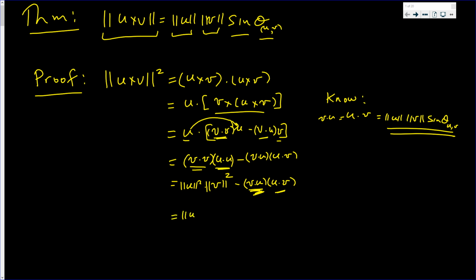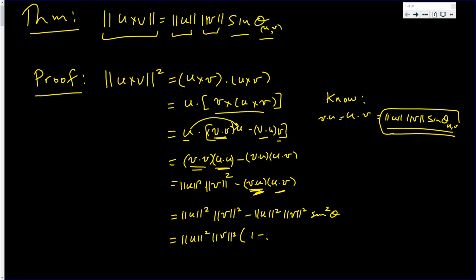So we have the length of u squared times the length of v squared minus this squared. The length of u squared times the length of v squared times the sine of the angle squared. Well, here I can factor out the length of u times the length of v squared. And I'm left with 1 minus sine square theta.